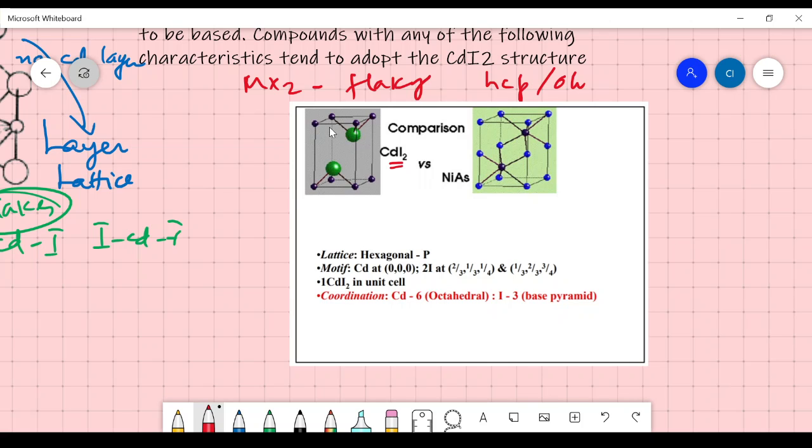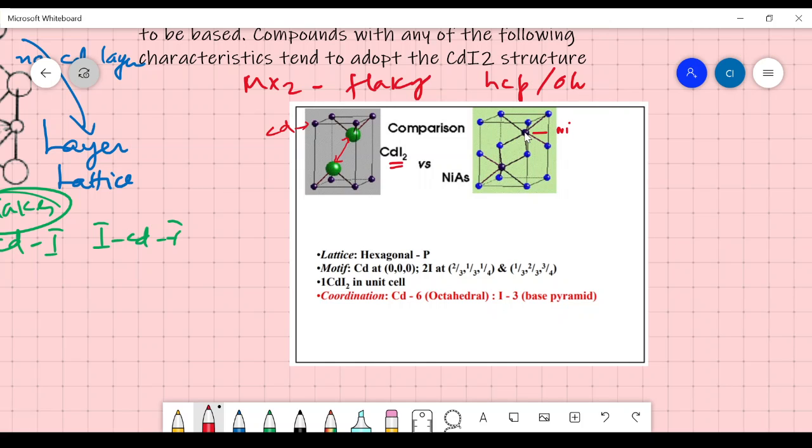But how you can arrange is that inside the cube you have two opposite sides where you can put the iodine. I'm sorry, the cadmium. Iodine is large. Iodine is the bigger one. These are the cadmium atoms. Iodine is such that. But in the case of nickel arsenide, you will have nickel at the center. This is nickel at the center.